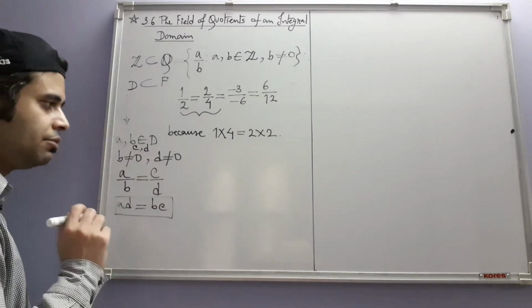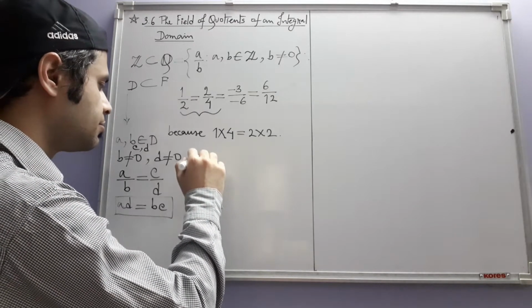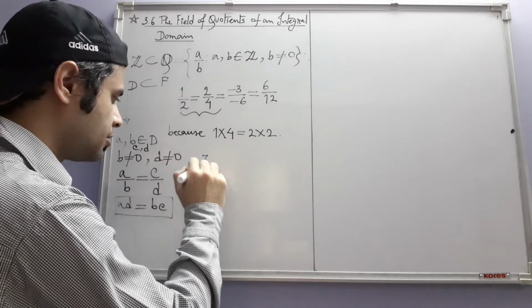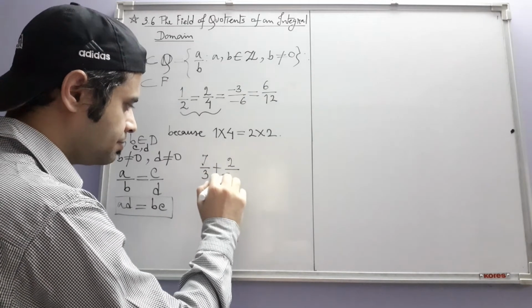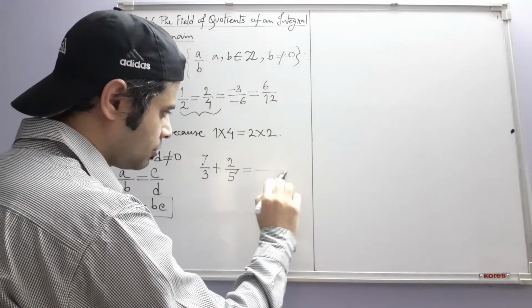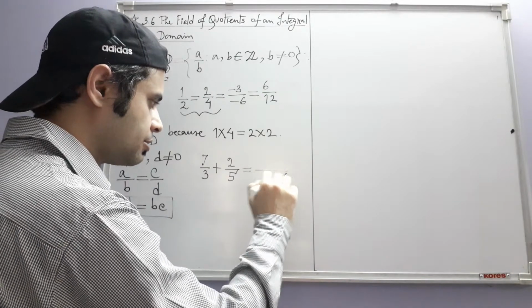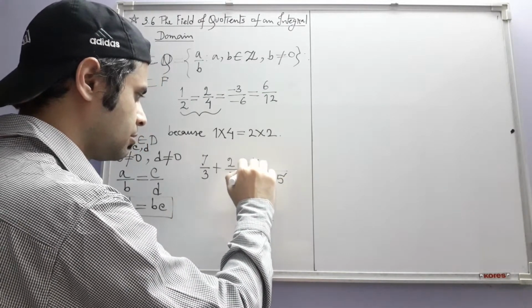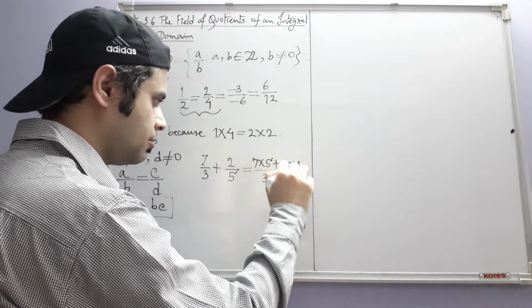Similarly, when we add two rational numbers, say 7 by 3 plus 2 by 5, from our experience we know that this addition is just this, 7 times 5 plus 2 times 3.